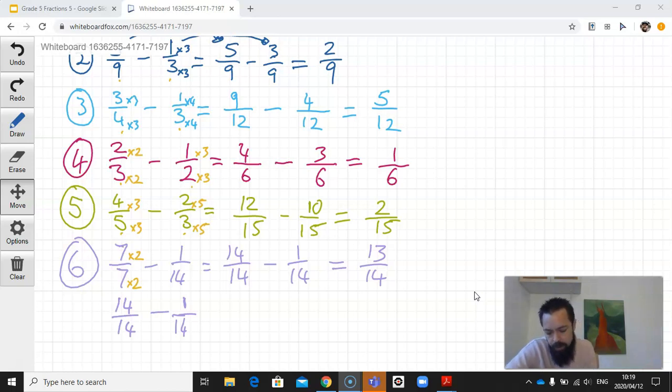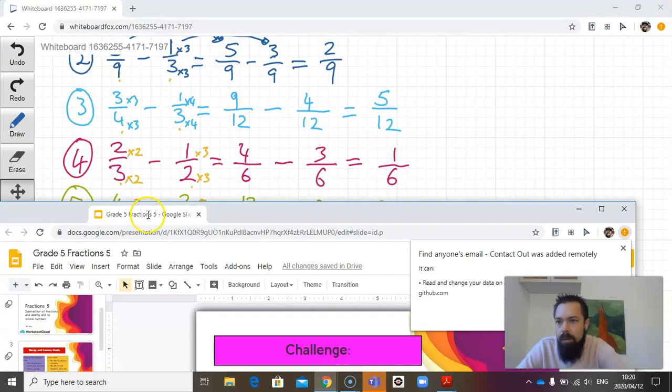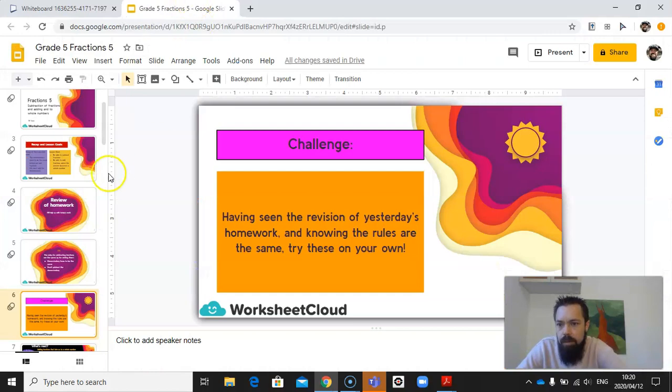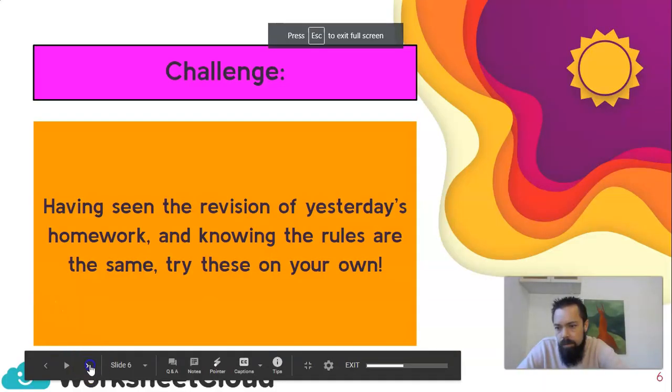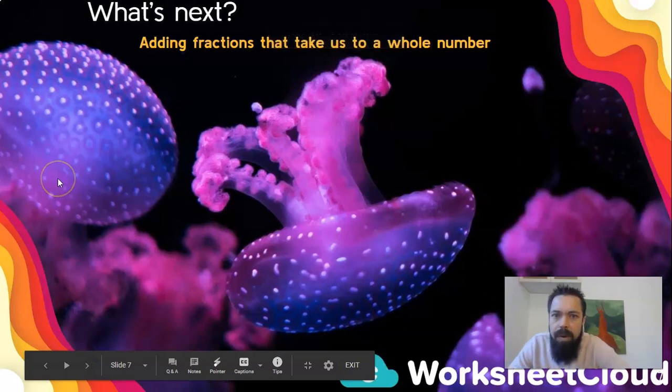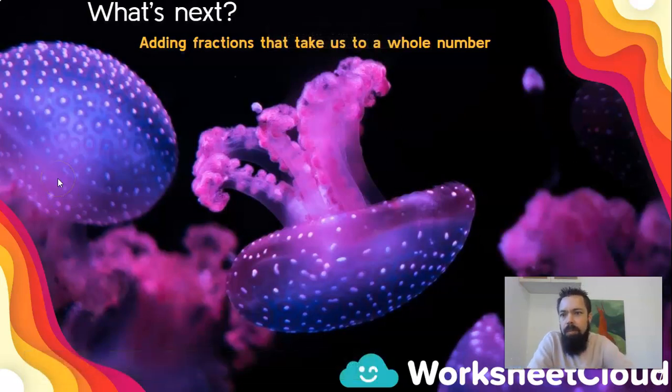The reason I chose 14 as my bottom number is because I was looking at 14ths on the other side, so it made sense. Anyway, we're actually going to work not with minus, that's, I think, grade 6 work. We're going to work with adding until we get to a whole number. So adding fractions that take us to a whole number.